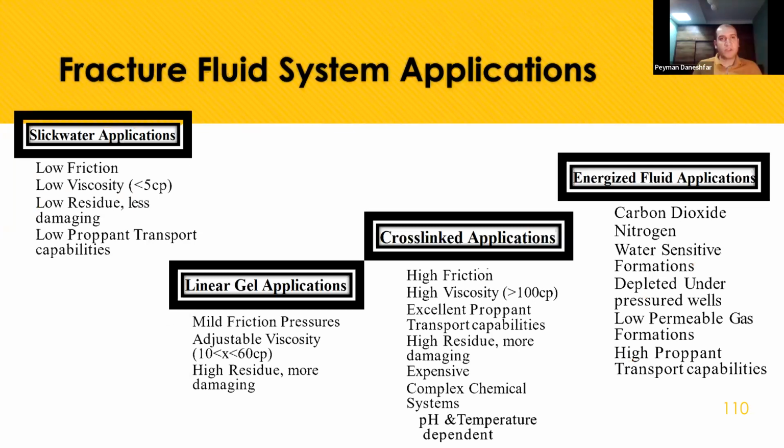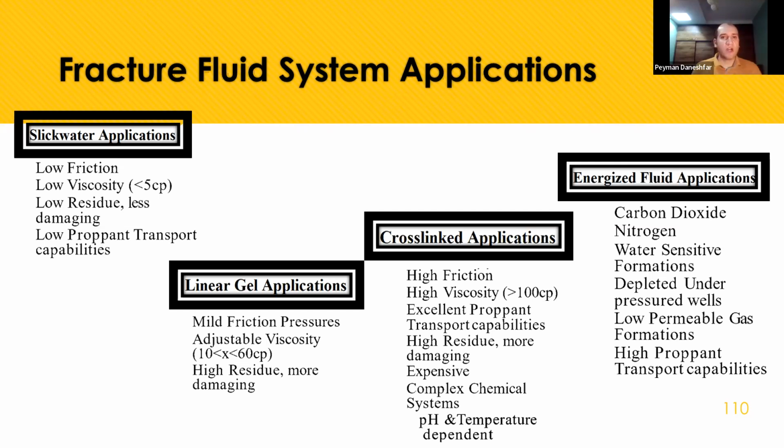This is the schematic of the fracturing fluids and applications. You can find that the slickwater application has low friction, low viscosity, low residue, less damaging, but low proppant transporting capability. Okay, remember it for yourself. A linear gel application has mild friction pressure, adjustable viscosity, and high residue, because we can transfer the gel to more or lower viscosity, and high residual is more damaging.